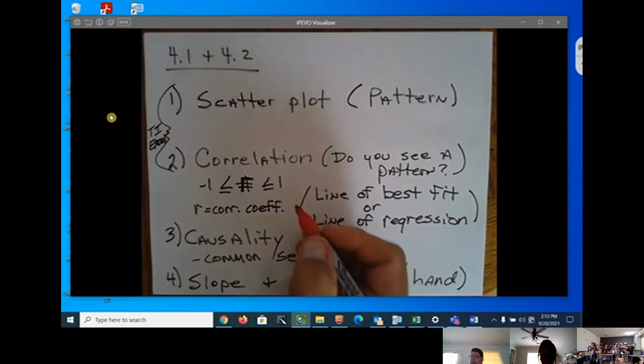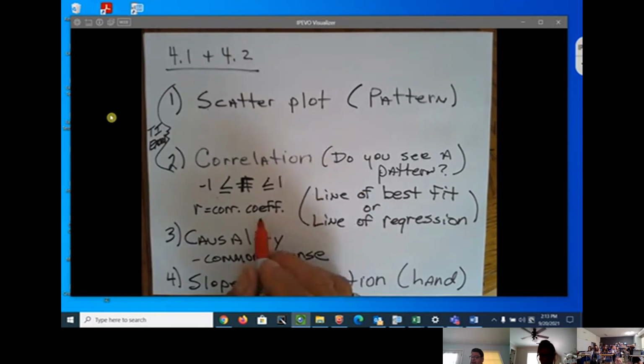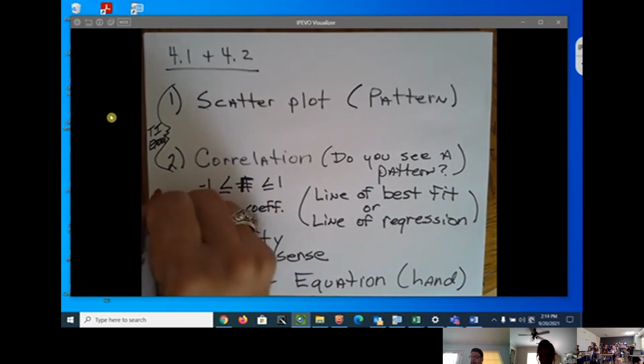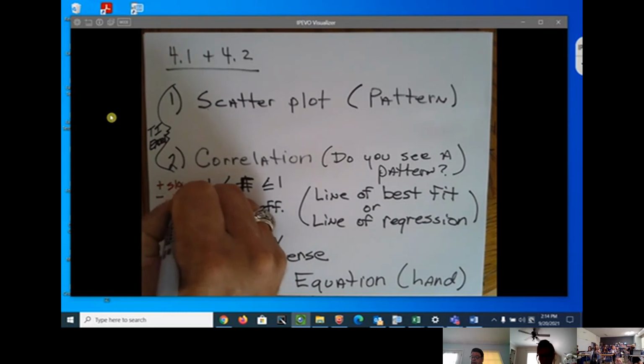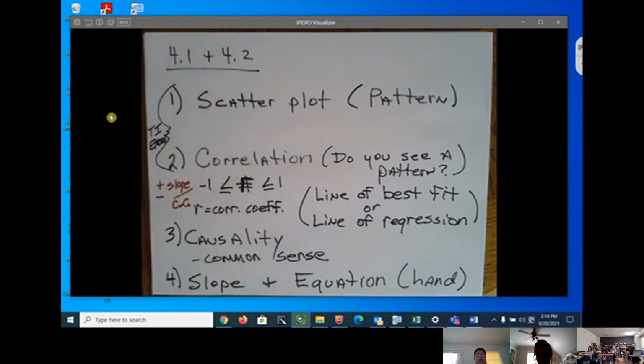The relationship between the correlation coefficient and slope is that both of them are positive or negative. If the slope is positive, the correlation coefficient is going to be positive. If the slope is negative, the correlation coefficient is going to be negative.